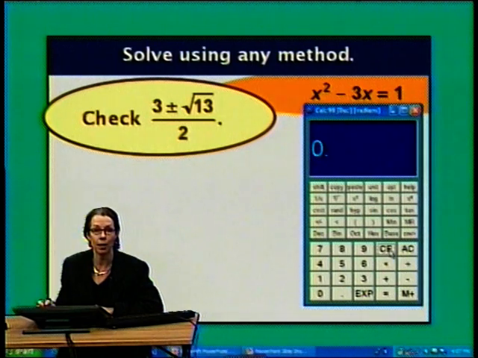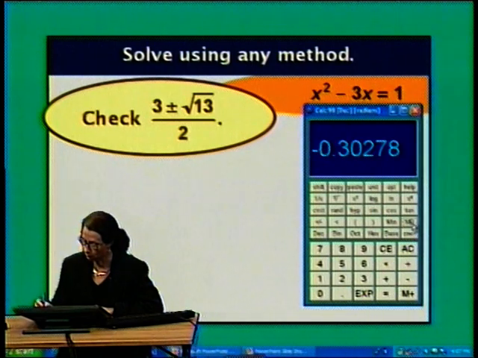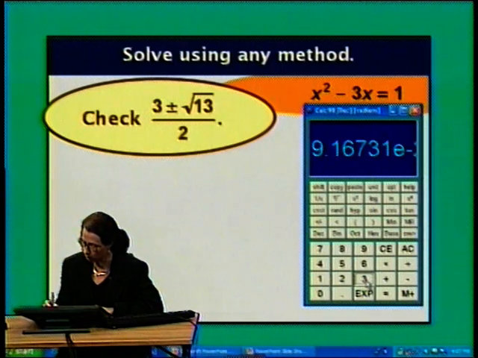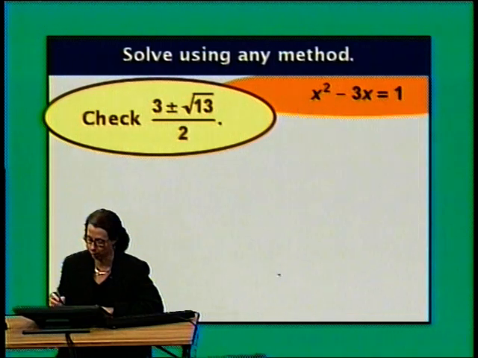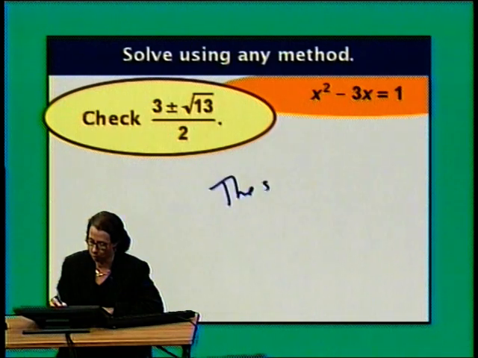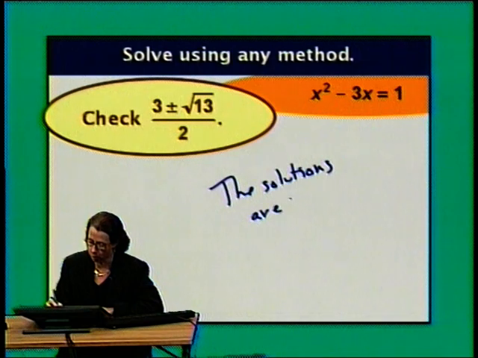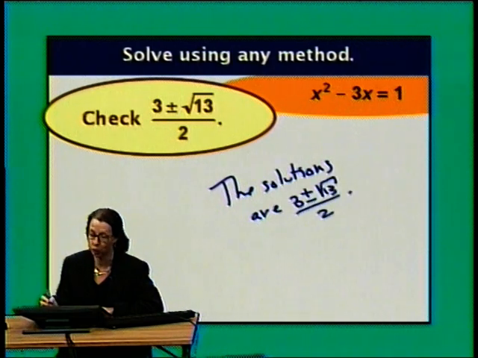Now I need to evaluate x squared minus 3x. So there's my x squared minus 3 times x equals 1. Both solutions check. So the solutions are 3 plus or minus root 13 over 2.